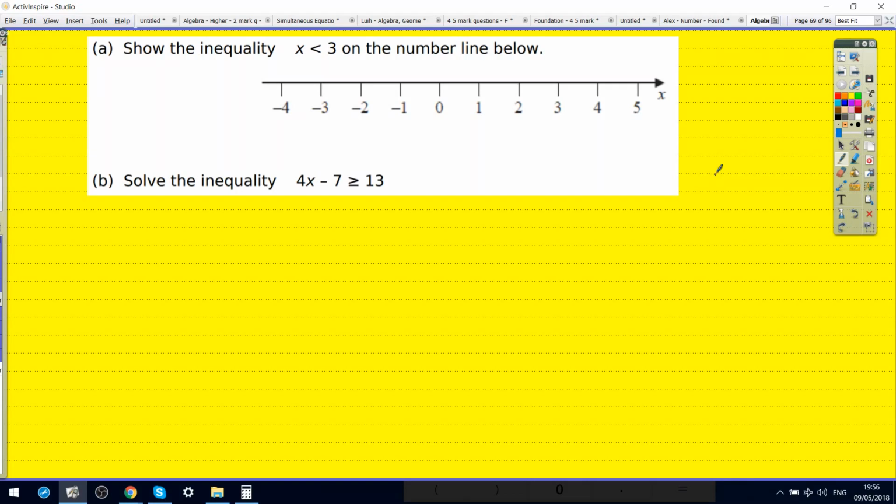Okay, any idea about this? Show the inequality. X is greater than 3? Less than, if it's pointing to the left. Less than 3 on the number line. Oh no, that would be going from that direction. So any idea how you show it on the number line?